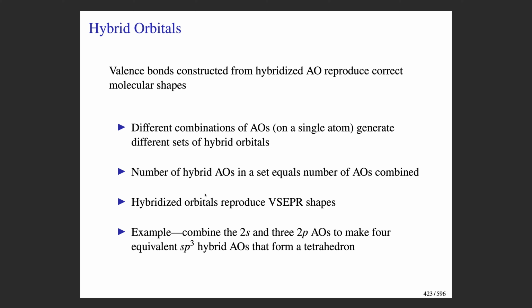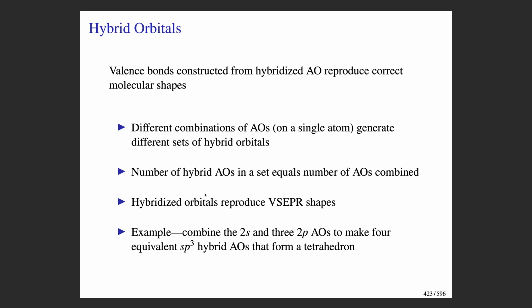Within valence bond theory, we need to allow our atomic orbitals to mix together. That is, we are going to form hybridized atomic orbitals. And what we're going to find is that these will indeed produce the correct molecular shapes that we've learned about in the previous chapter.